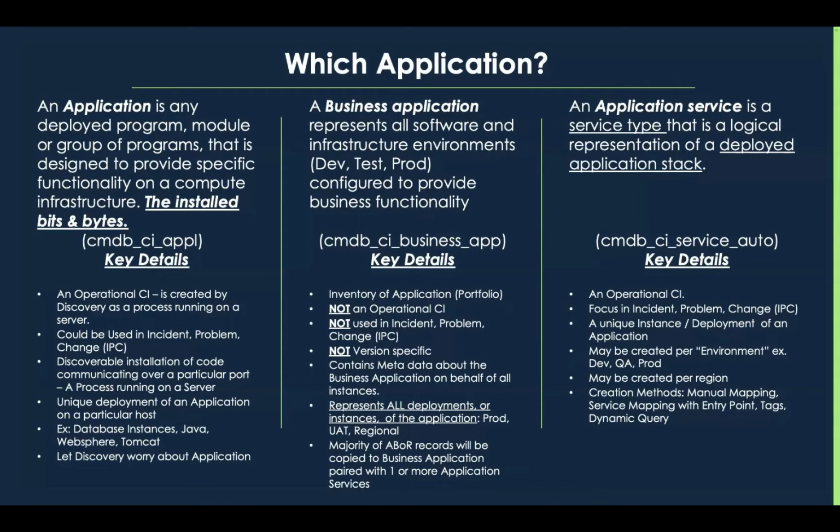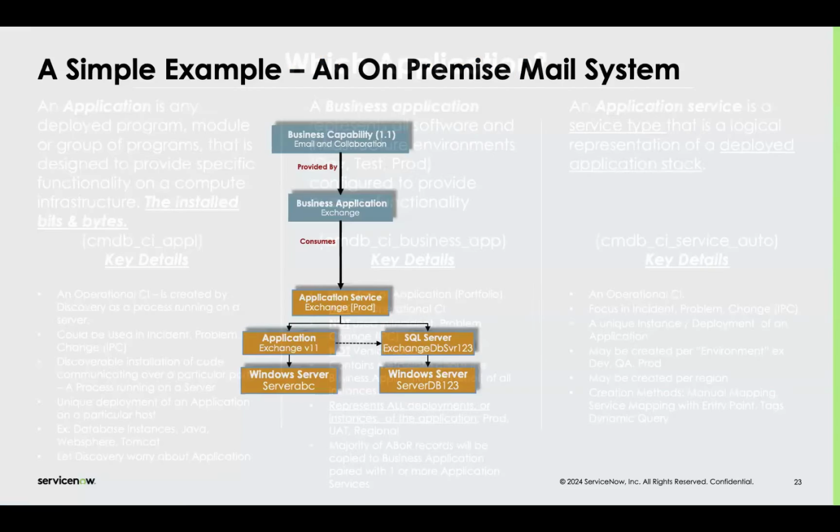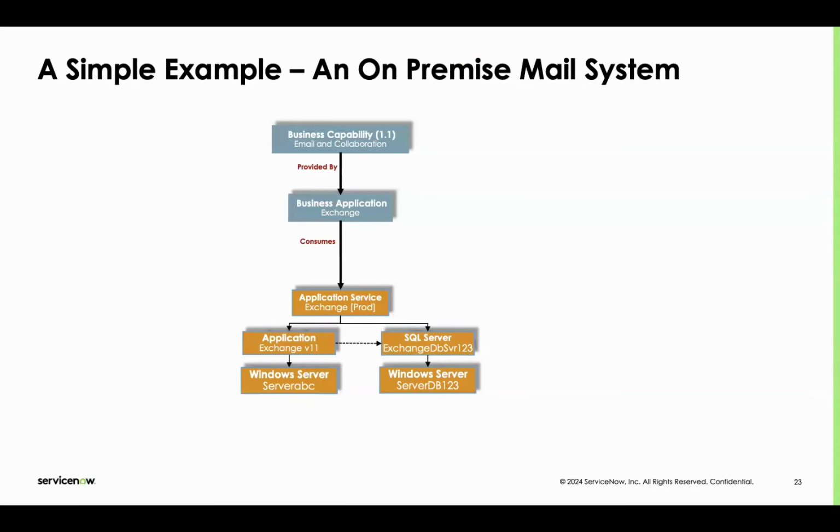So next, please. Let's look at a small example, extremely simplistic. We have a business capability, email collaboration. We have a business application that provides that called Exchange. And I have a deployment of Exchange in production, and it's got an application, which is Exchange V11, and it's running on a Windows server.